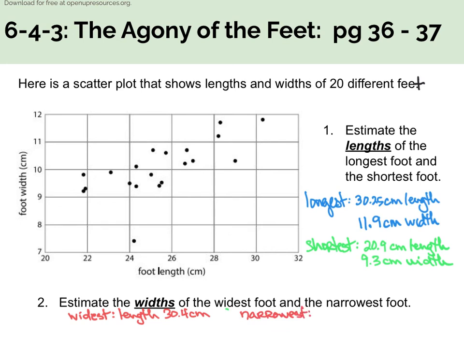In the narrowest, again, we're looking at that width, the width part itself, so we're probably looking somewhere around here. Actually, the narrowest is way down here. Notice how that's around there. So the narrowest is probably going to be about 24.5. Let's change the color. So 24.5 centimeters.